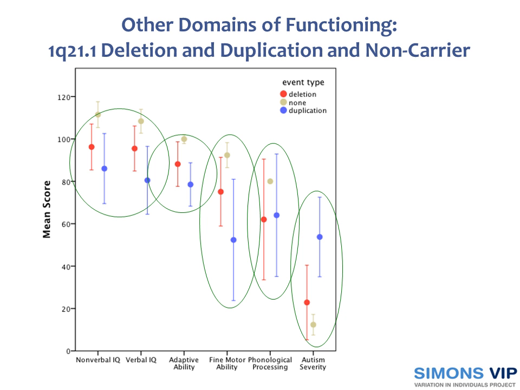On the y-axis, we have the average score on a given measure, and on the x-axis, we have different domains of function that we were looking at. So in the first two columns there, we've got nonverbal IQ and verbal IQ. Again, individuals with deletion are in red, individuals with duplication are in blue, and then our comparison cohort of typical family members are in that peach tannish color.